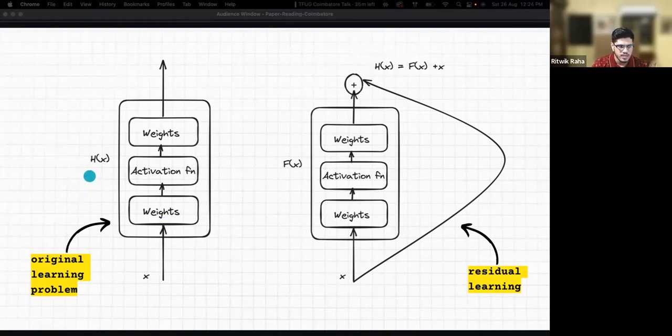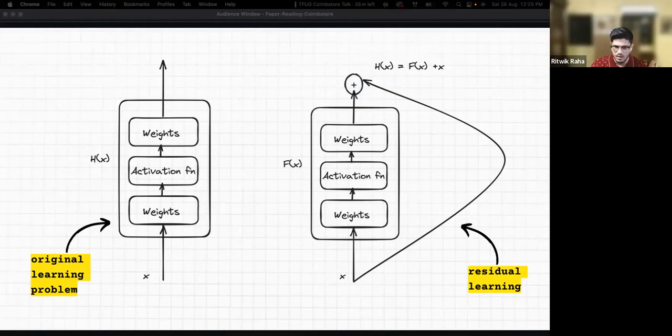But what is happening here is that we say the original problem, the architecture that this entire thing is called, is h(x). And deep residual learning reformulates this problem by letting the neural network approximate a residual function, which is h(x) minus x. So we are going to take x from here and add it back after it goes through all the weights and activation functions.